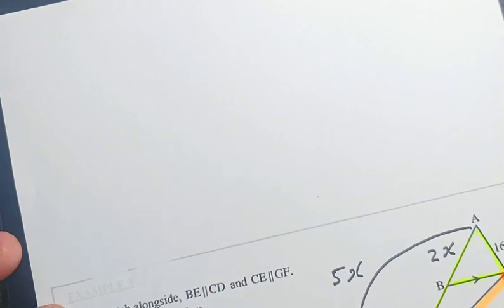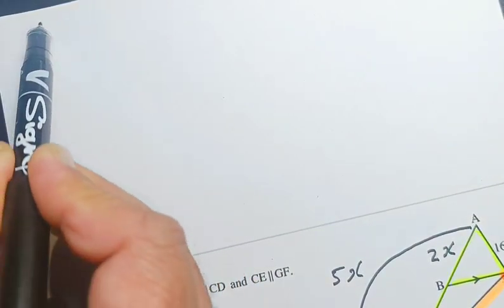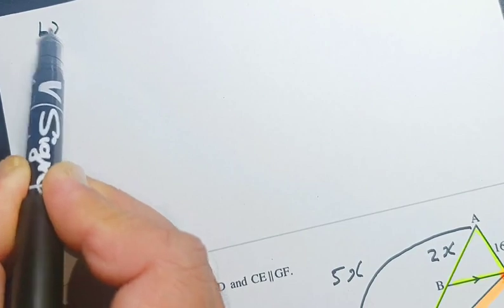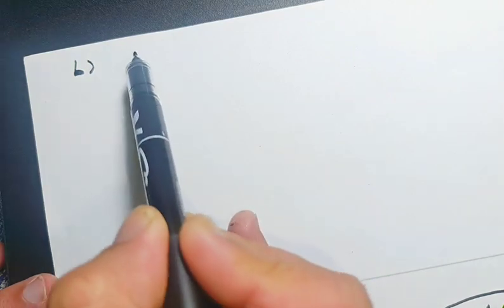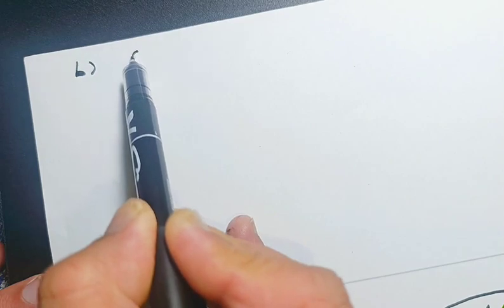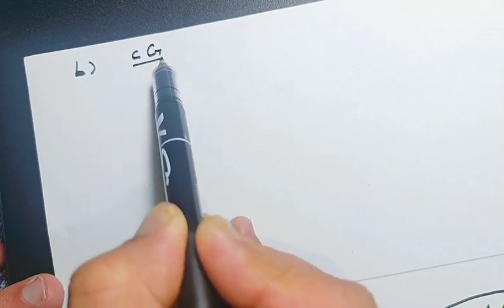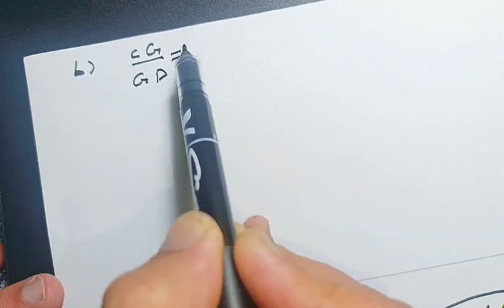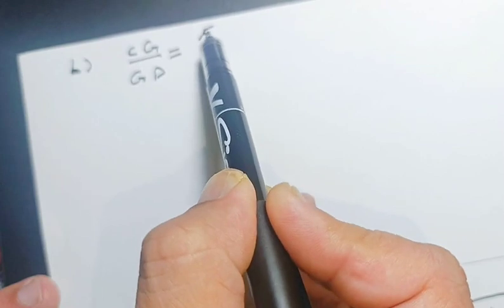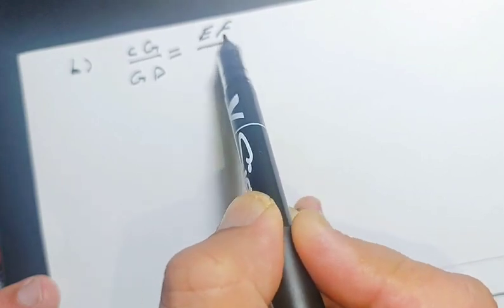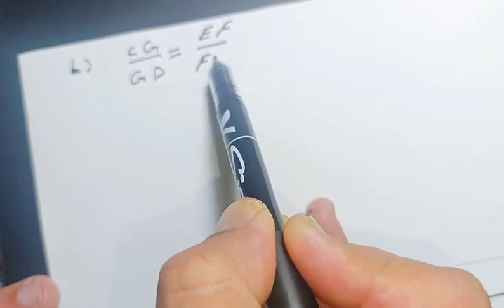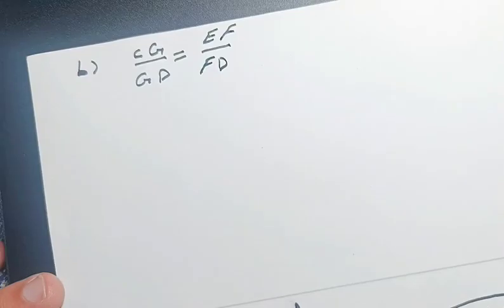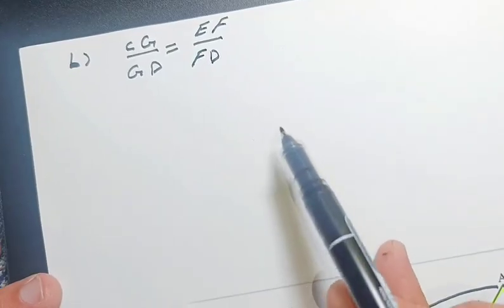So I'm gonna start with the B part. Now this is gonna be CG. We're looking for CG over GD, and that's gonna be equal to EF over FD, and the reason is line parallel to side of triangle.